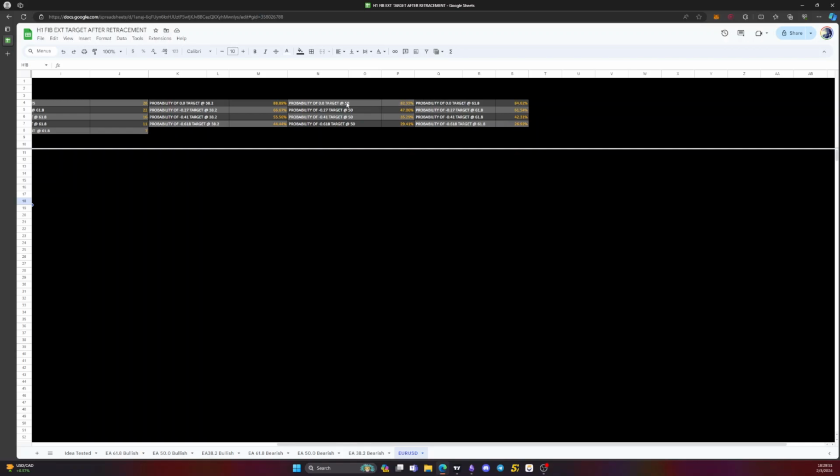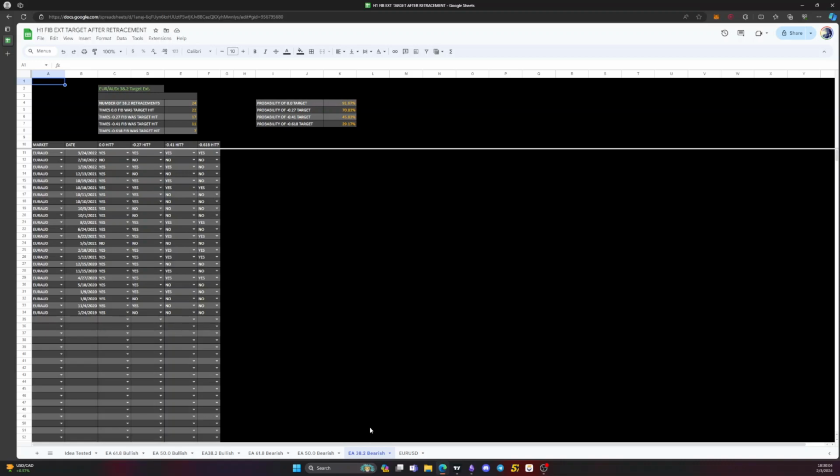All right, same thing on the 50. We have an 82% chance of the zero target being hit. We have an 84% chance of the zero target being hit off the 61.8. On Euro AUD 38.2 in a bear situation, there's a 91% chance that the zero target will be hit. A 70% chance that the 27 is going to be hit. Right?